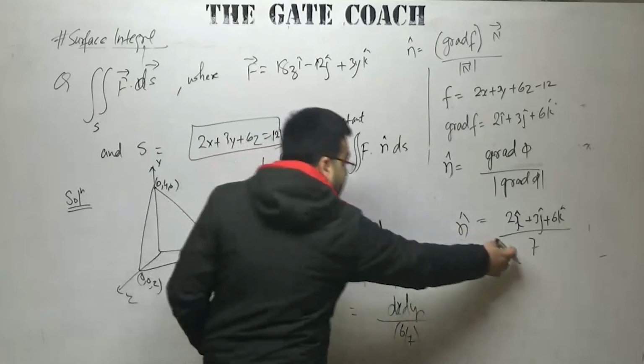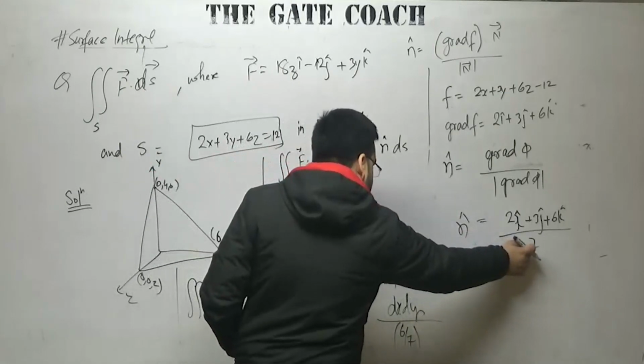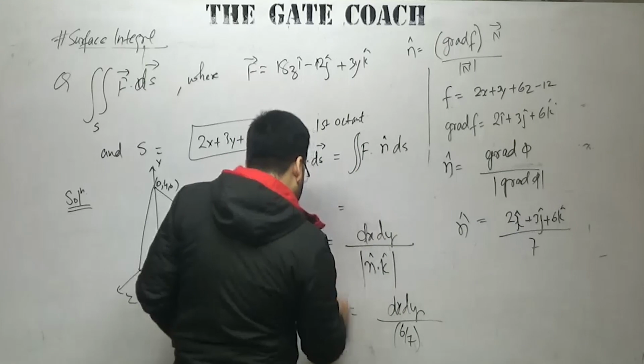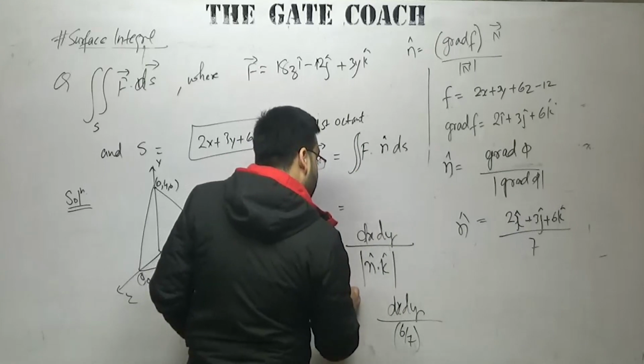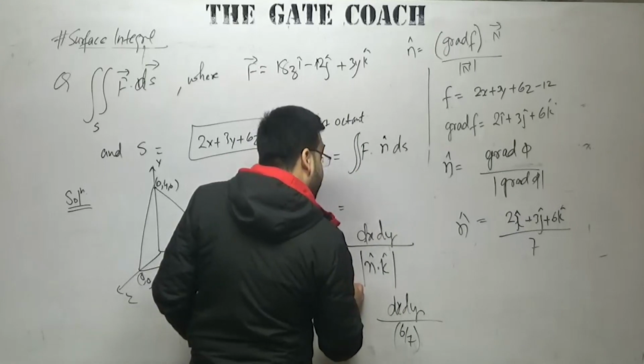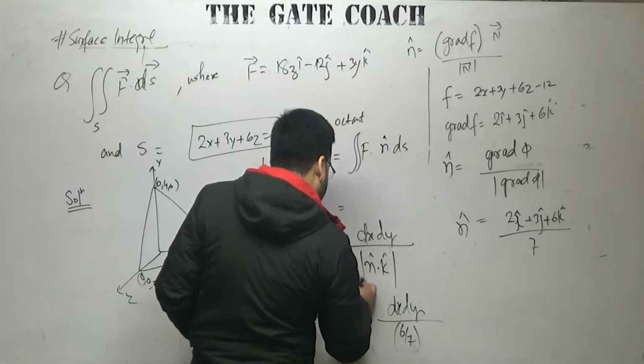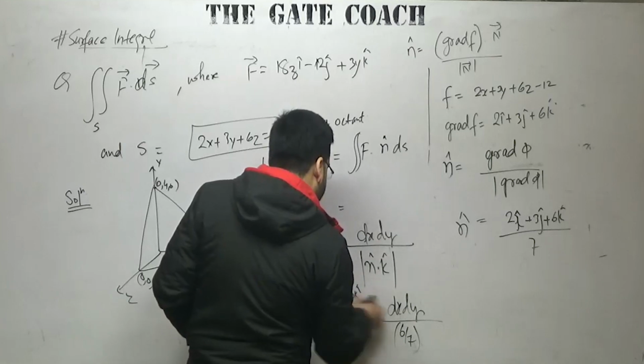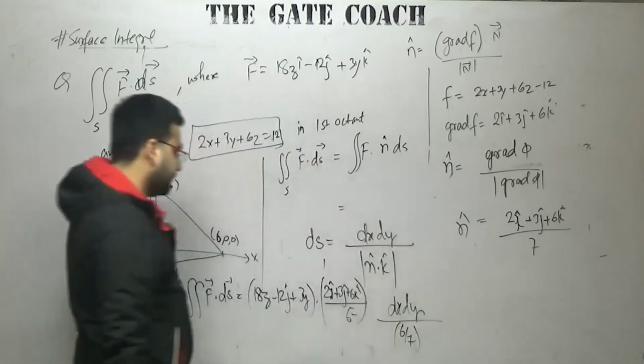So 7 will get cancelled out at the bottom, right? And it will be just 2 i cap plus 3 j cap plus 6 k cap divided by 6.